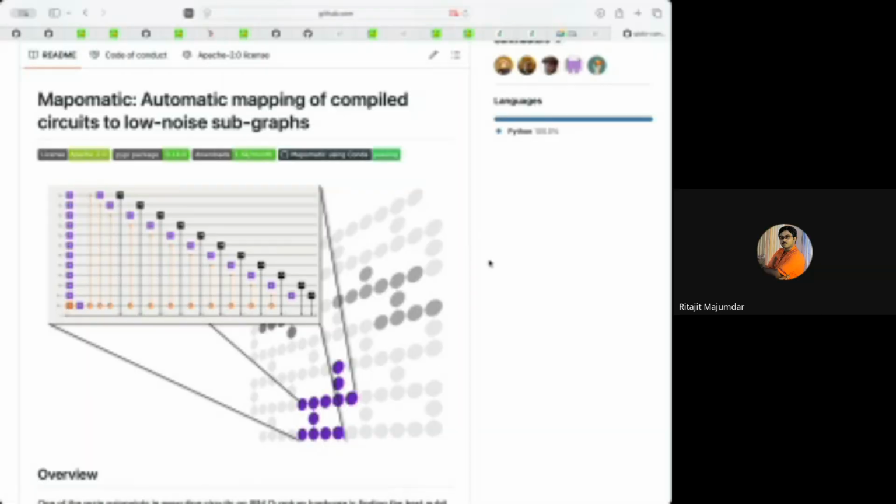Can you confirm if this figure is visible? Yes. Okay, great. So the main idea of Mapomatic here is that, as someone was asking, whether transpilation can take care of the noise as well.